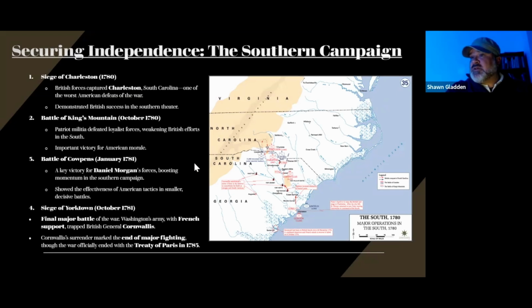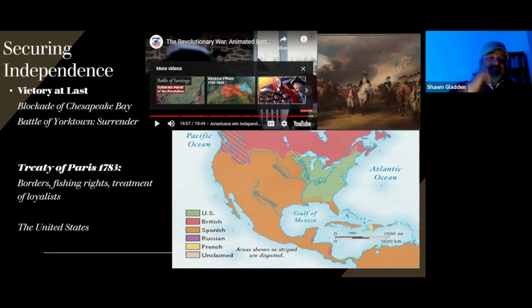Okay, so victory at last. The surrender at Yorktown marks the end of major fighting in the war in 1781. Although, and this is kind of the way things were back then, although the fighting stopped in 1781, the official treaty wasn't signed until 1783.